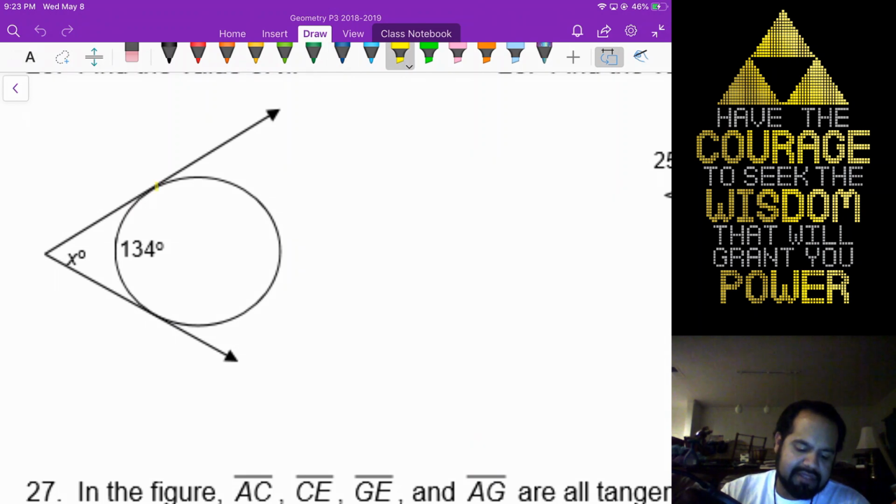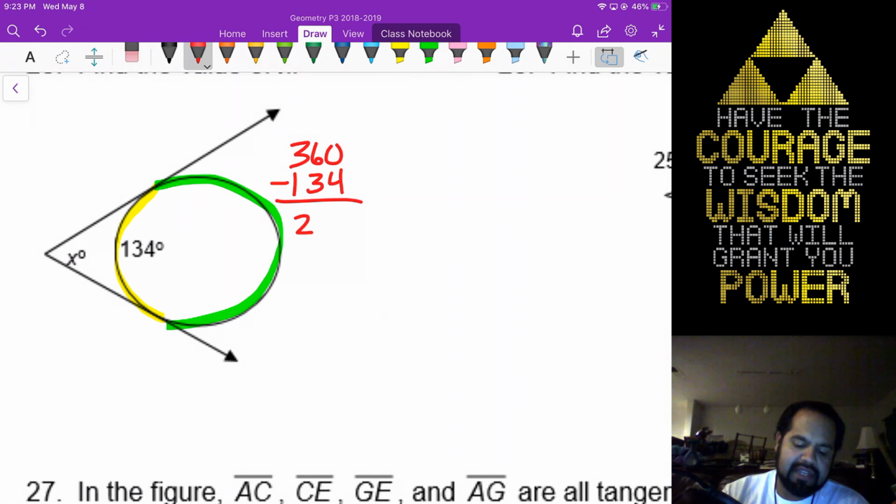All right, so this one is 134. This one's missing, but that's okay, because what you can do is say 360 minus 134, and that should give you 226.